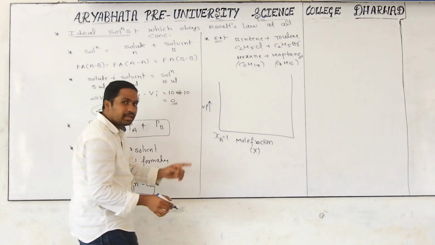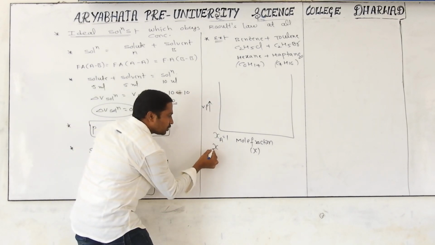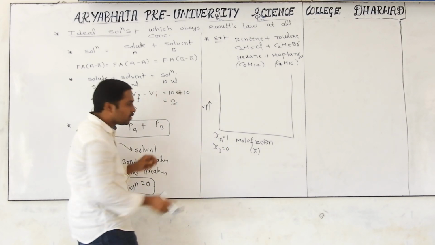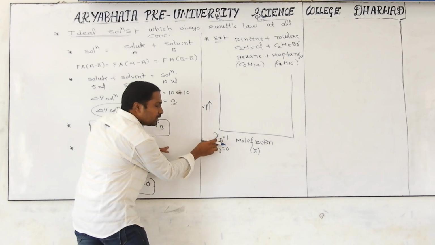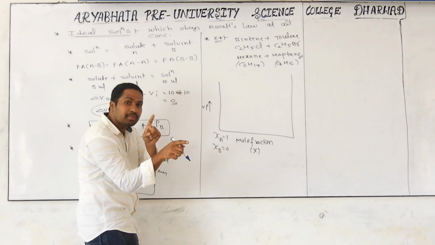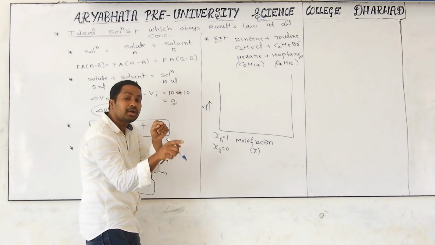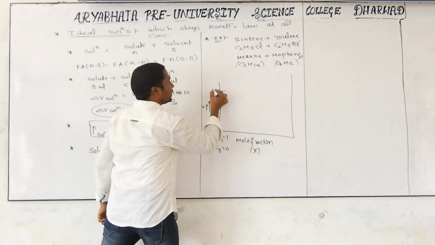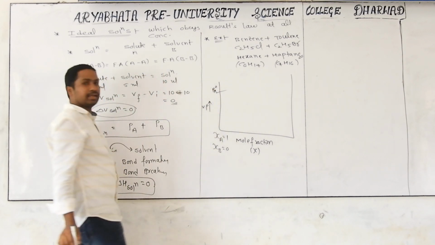Then automatically the mole fraction of the solvent should become 0, because the sum should be 1. Initially we have only one component, A, and its vapor pressure is denoted by PA0. What is the meaning of PA0? The vapor pressure of pure liquid A, denoted by PA0.